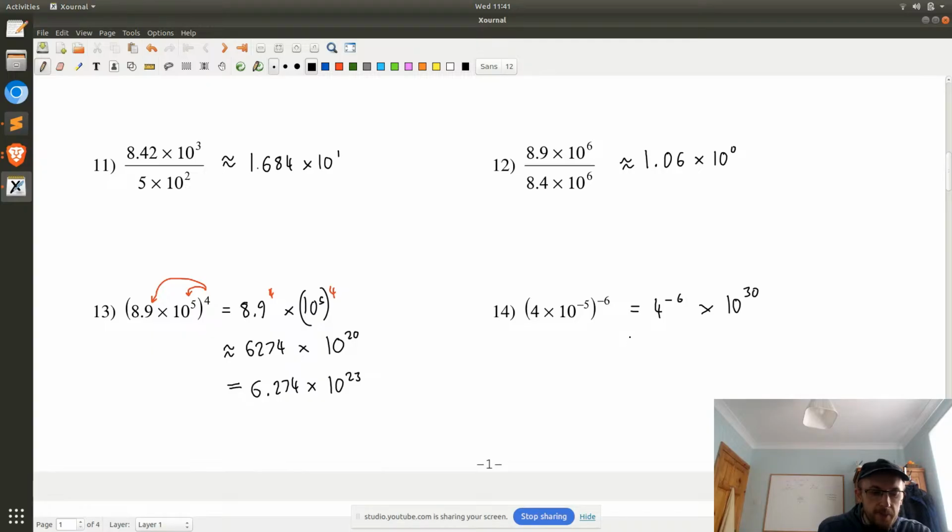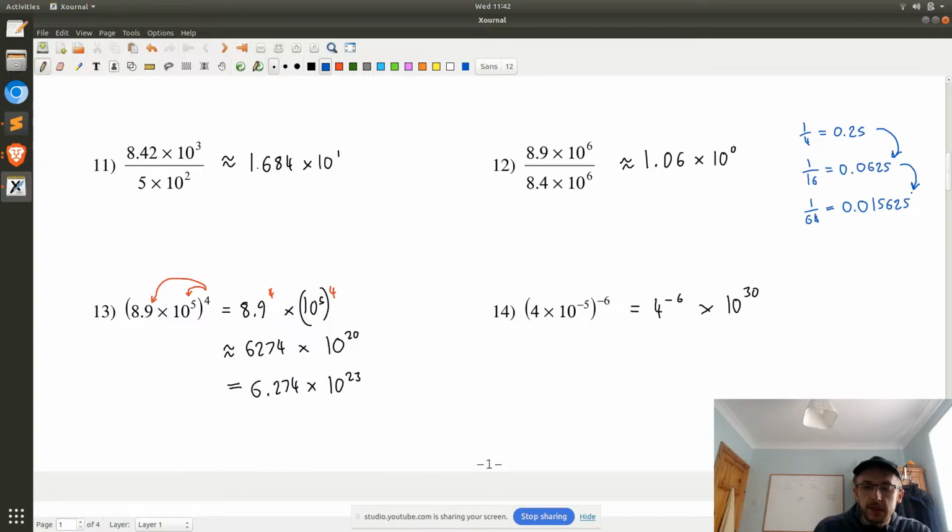Well, notice that 1 over 4 is 0.25. 1 over 16 is 0.0625. And 1 over 64 is 0.01565. So you're multiplying by 25 every single time.